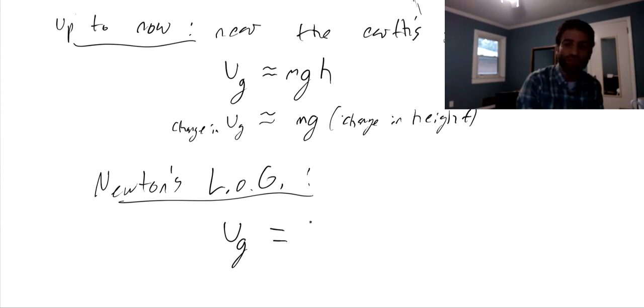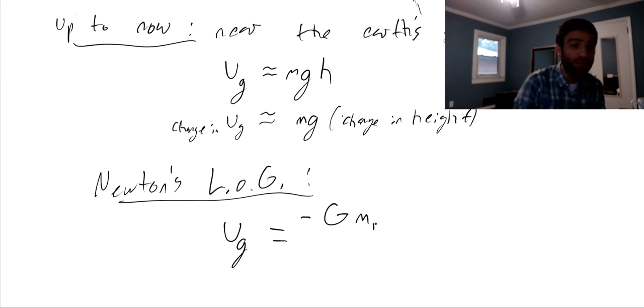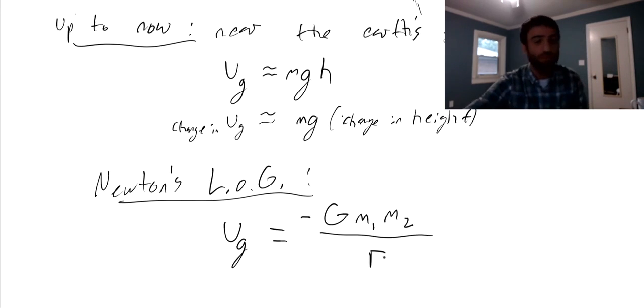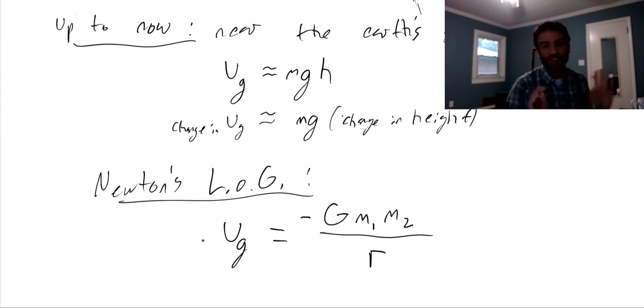It's equal to negative G, the same constant of nature that appeared in the expression for the forces, times the masses of both objects divided by 1 power of the distance between them. Okay, so we've got all the same quantities that appeared in the force law, but now there's only 1 power of r, there's also this minus sign, and energy is a scalar, so we don't need to say what direction anything is pointing in. The energy is just some number.